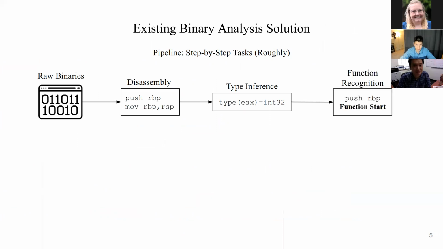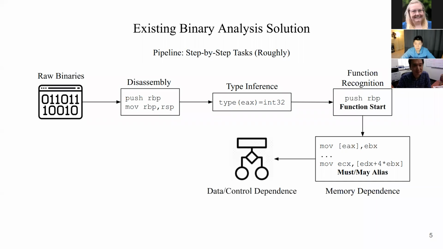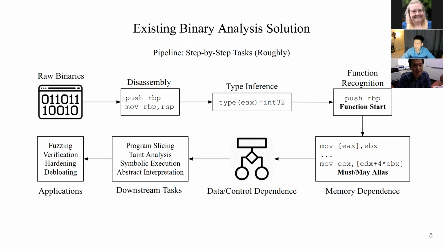Then it recognizes higher level constructs, such as functions or basic blocks, and derives more complex dependencies, such as points-to analysis to infer memory dependencies, and control and data flow dependencies. And all these recovered properties and dependencies enable more advanced downstream tasks, such as binary program slicing, taint analysis, symbolic execution, abstract interpretation, which further facilitate many security applications, such as fuzzing, verification, hardening, debloating, etc.